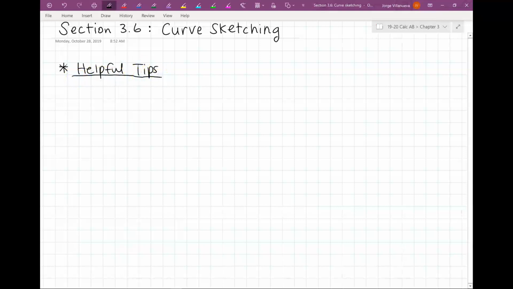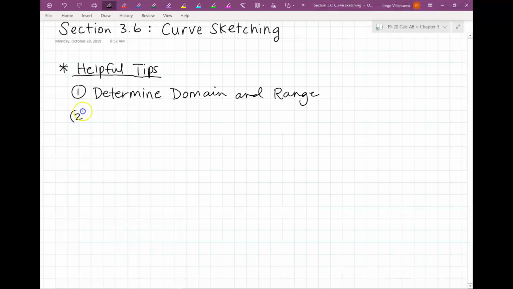Number one, we're going to want to determine the domain and range. Sometimes it's good just because trying to figure that out will give you vertical asymptotes, horizontal asymptotes, that type of thing.